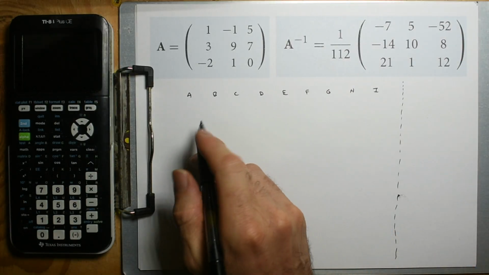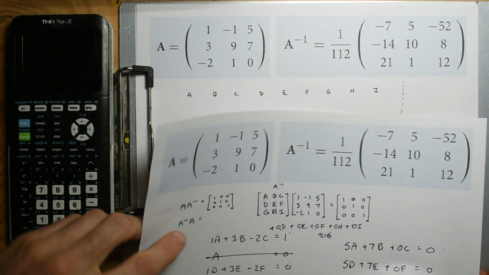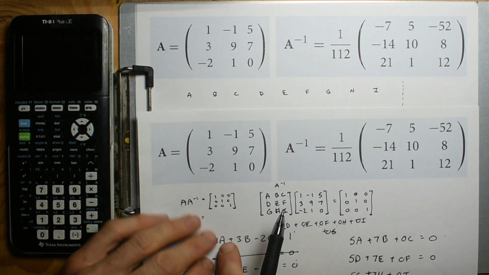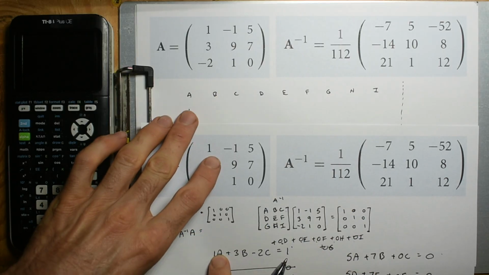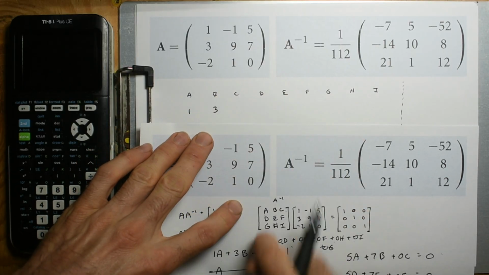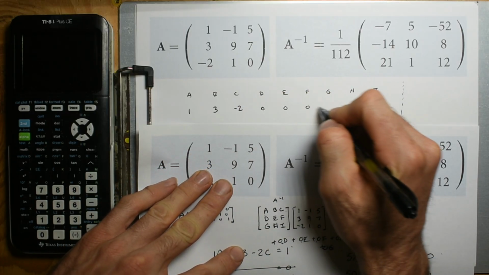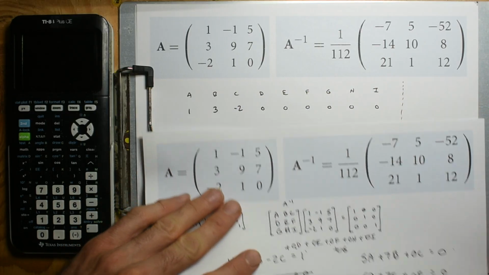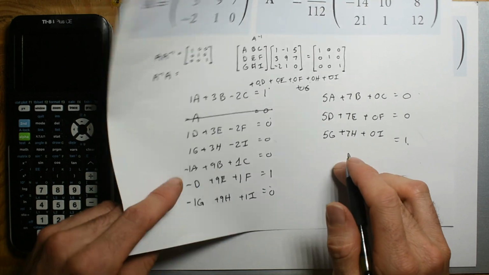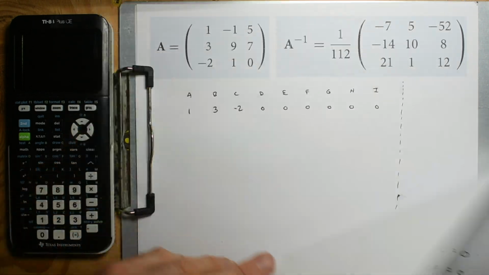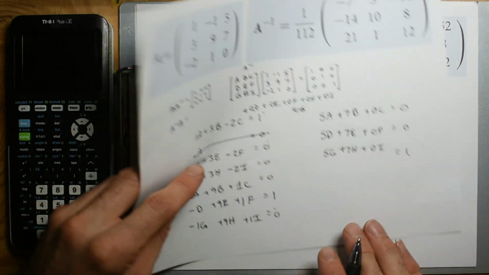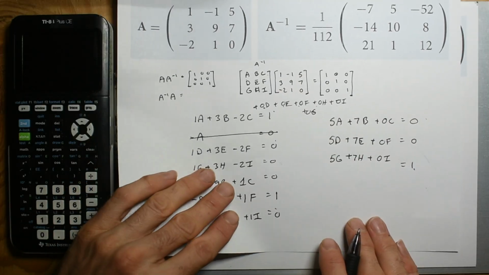Alright, so this equation is just going to be 1 there. We got 1A, 3B, -2C, and then all the other ones are 0. So this is how we can represent this. I don't even know how to actually write this.